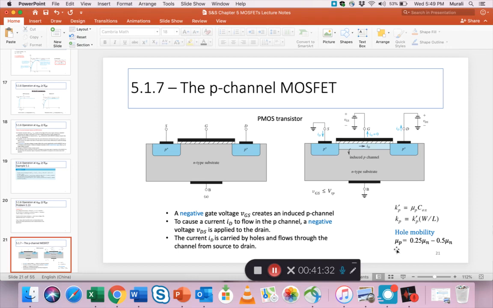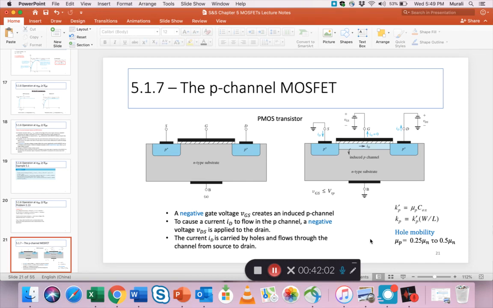Here we talk about mu p, and one of the important facts to remember is that the hole mobility is only about 25% of, so I guess just to avoid confusion, I should say 2. Yeah, 2, not tau. Oops. Yeah, so it's only a quarter of the value of an electron mobility.